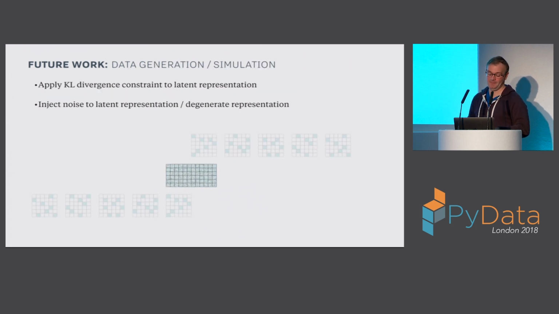And finally, we'd like to be able to do something slightly different. This is no longer about finding this fixed size representation, but rather trying to find a representation that has certain characteristics, in particular, that has a certain shape, so applying KL divergence to it, so that we can take that representation and corrupt it. And what do we mean by corrupt it?